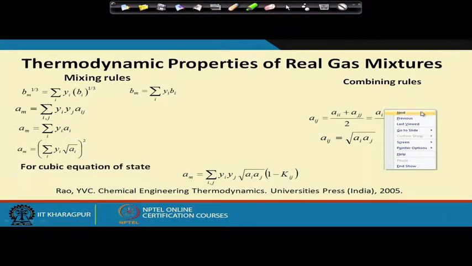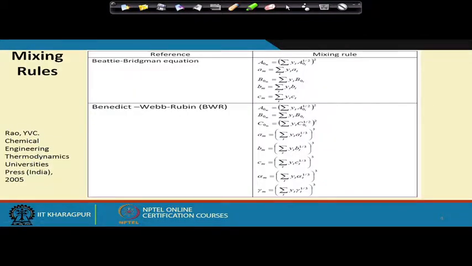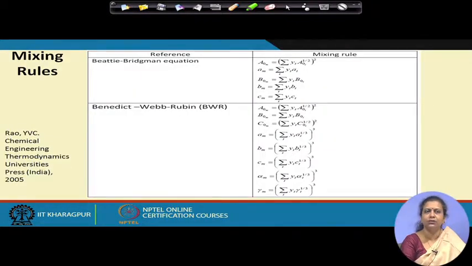Now, let me tell you that there are several other mixing rules also which have been proposed. It is quite natural, because we do not know which mixing rule is going to help under what condition. So, therefore, for whatever number of equations of state there are, almost for each of the cases there are an equivalent number of mixing rules.